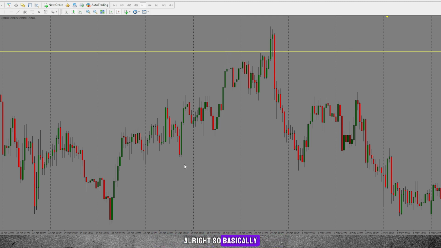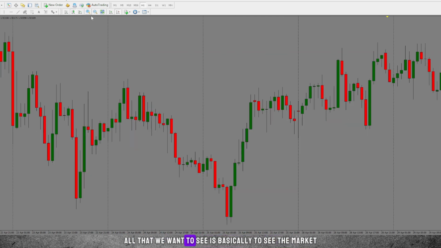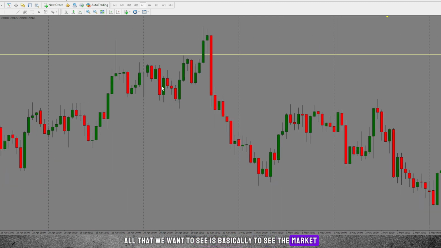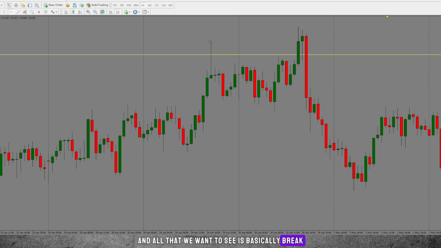All right, so basically what do we mean by everything that I've just said? All that we want to do is look at the market. In this particular case, you can see that the market created this particular leg, and then it went to the downside. From that leg, we can see this is the highest point that was issued, and all that we want to see is price reach above that particular point.